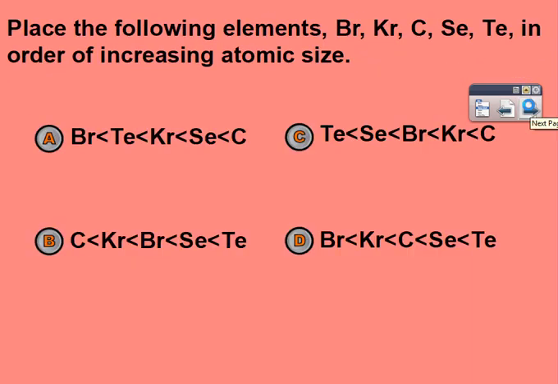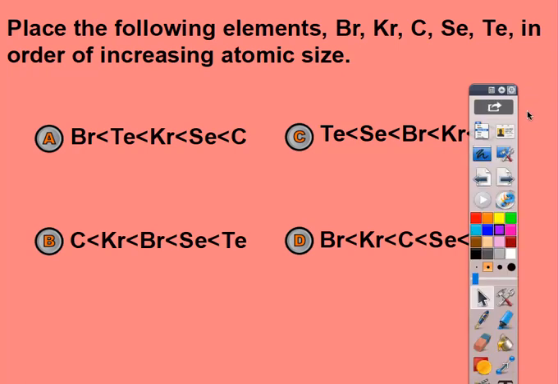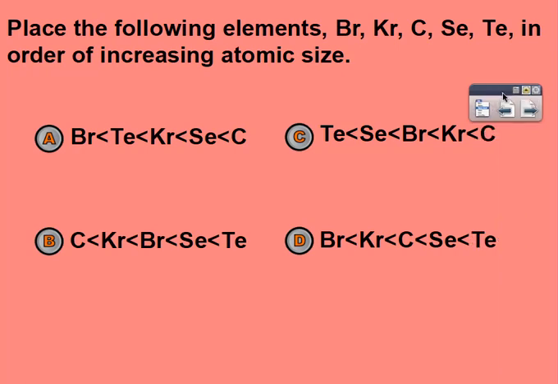So this is just a multiple choice question, and since it's a multiple choice question, you can look at just the trend. Make sure you read carefully though. It says place these in order of increasing atomic radius. So if I was solving this problem, I would say, first off, what's the trend for a radius? I know it increases as I go down, which means it must be to the left.